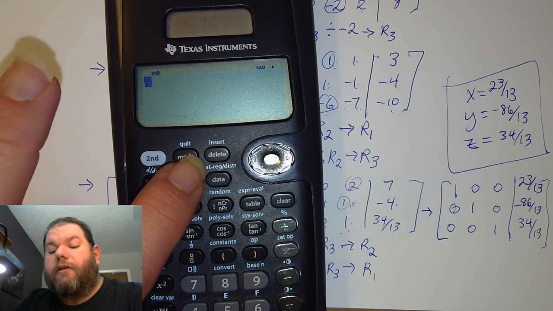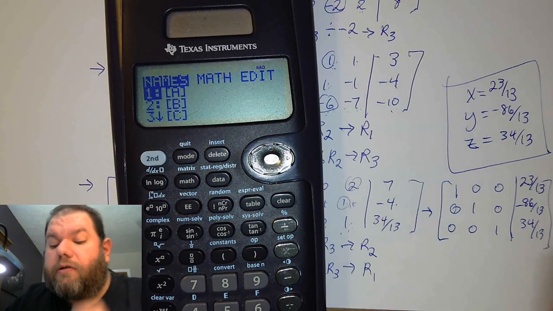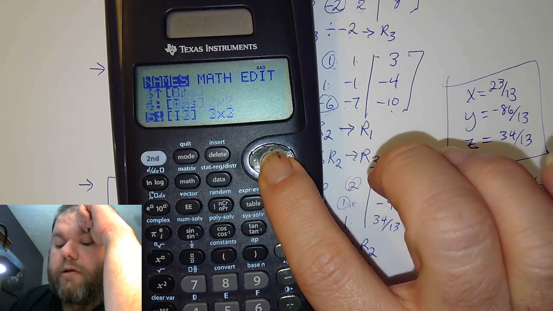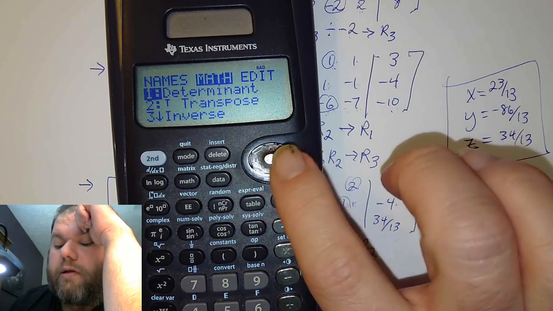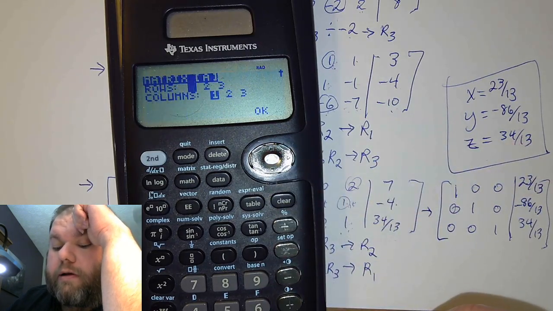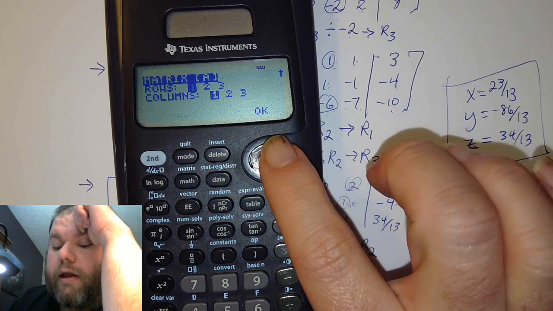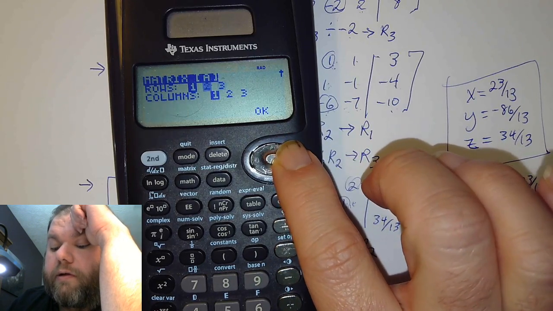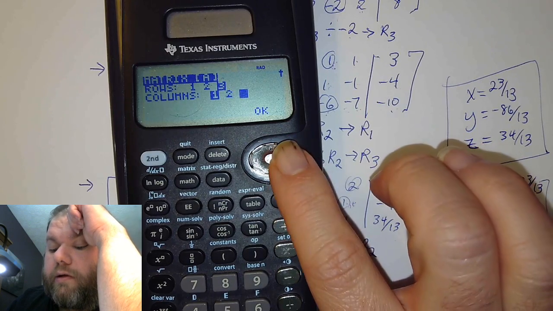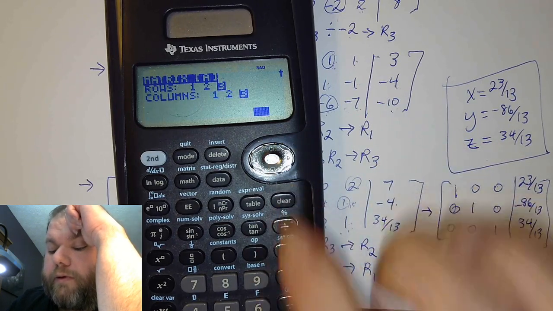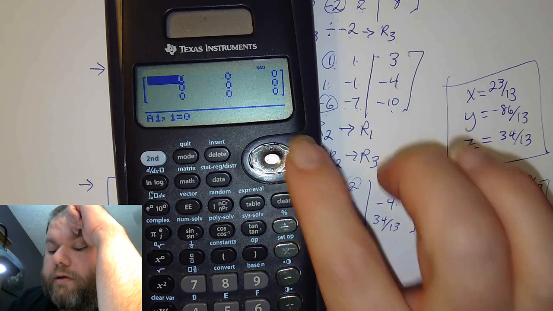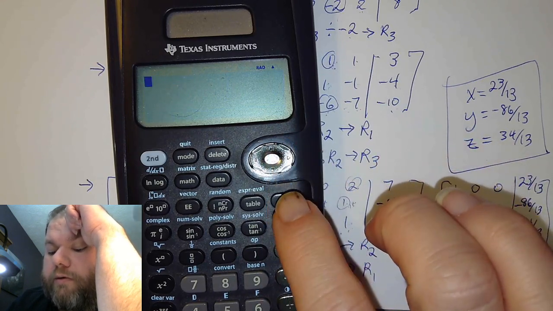So we put second and then matrix. So edit. A, we have 3 rows, 3 columns. No, it's not going to quite do what we want there.